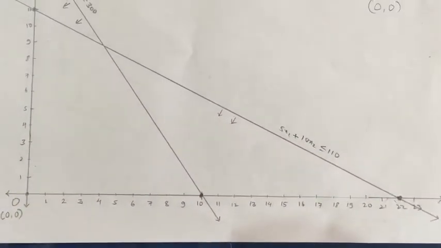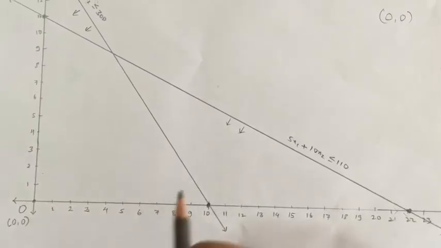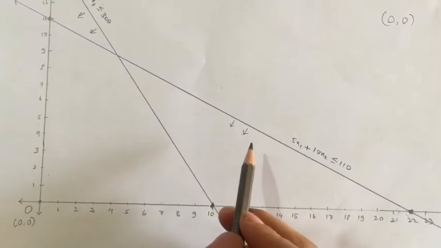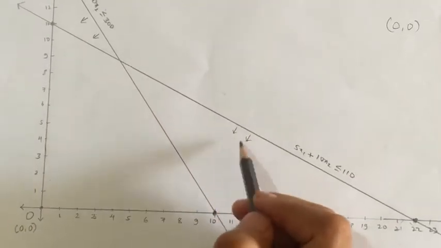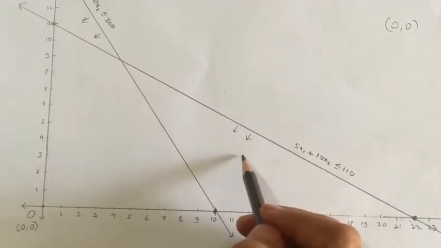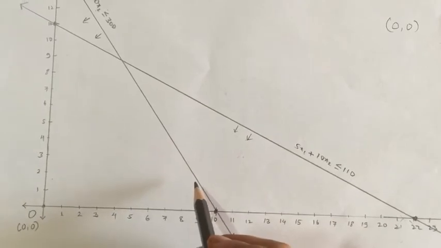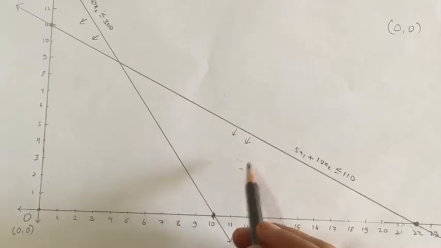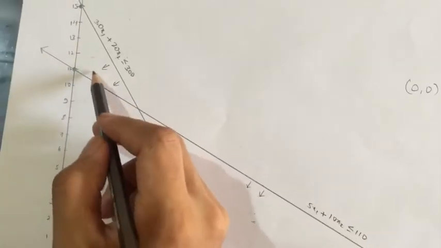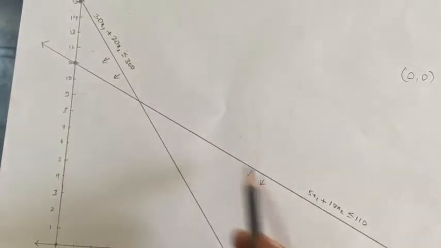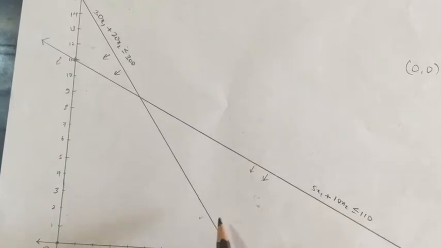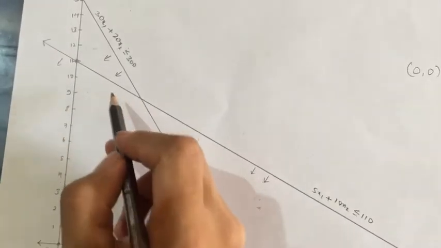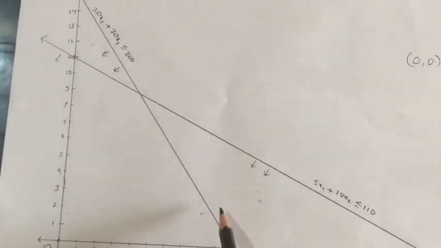But to get the solution or feasible region, the feasible region will be common to both the lines. This area is not covered by this line, so this is not common, and this region is not covered by this line, because this line's solution is only this area. So the common region is this region.